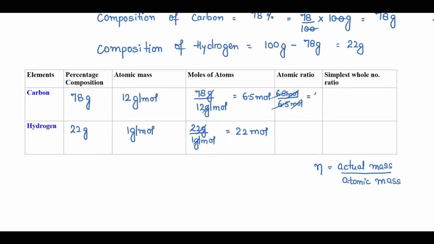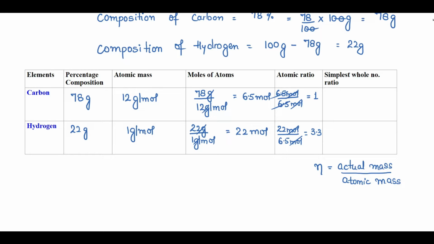So the atomic ratio of carbon in the compound will be 1. Now let's see for hydrogen. The number of moles of hydrogen, that is 22, divided by the least number of moles, that is 6.5 mole. I'll cancel mole with mole. 22 divided by 6.5, it will be 3.3.